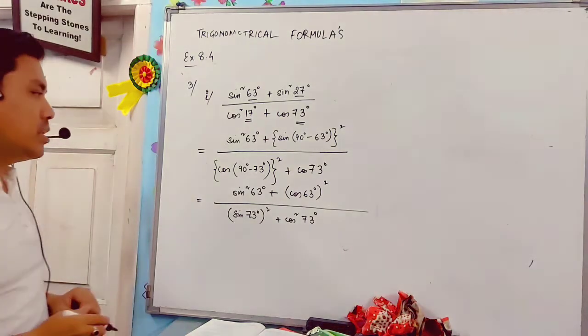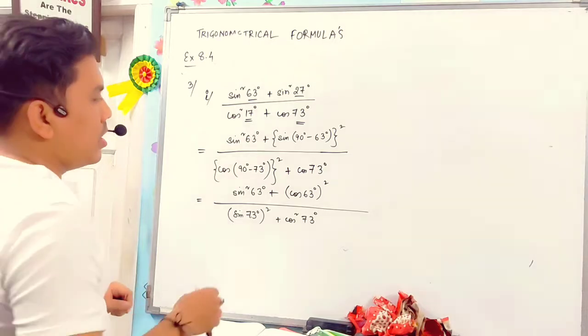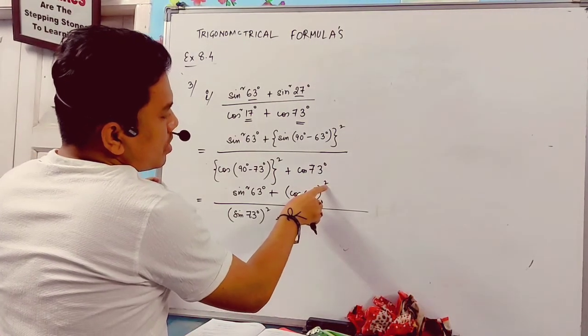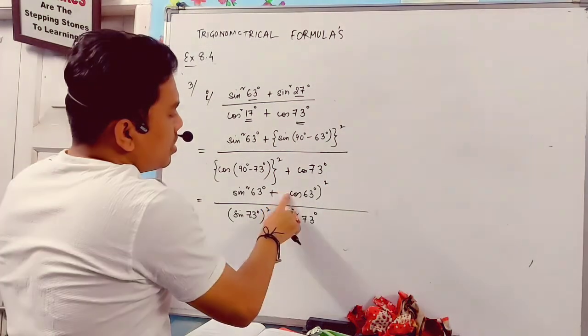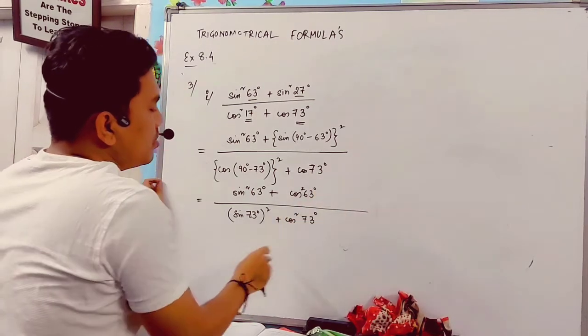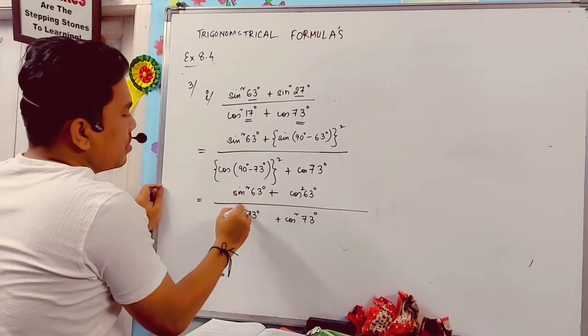Now let us skip one step. See, this 2 is the square, the power is 2. Let us do it directly so that we don't waste our time. Remove this bracket and bring the square here.